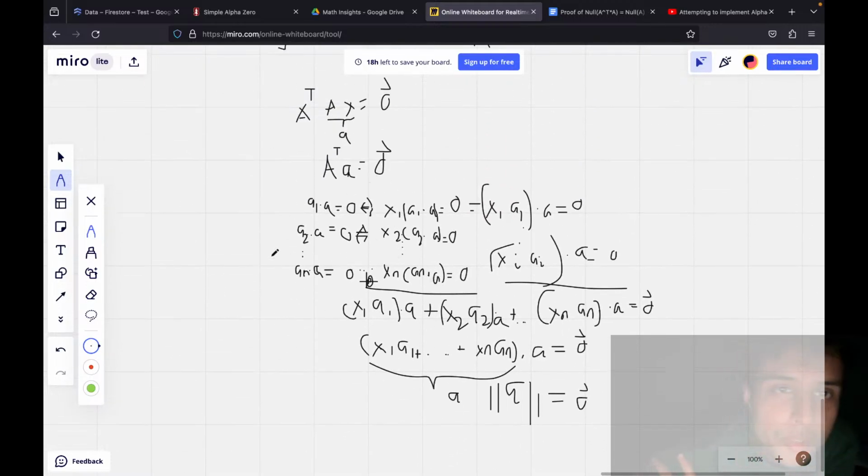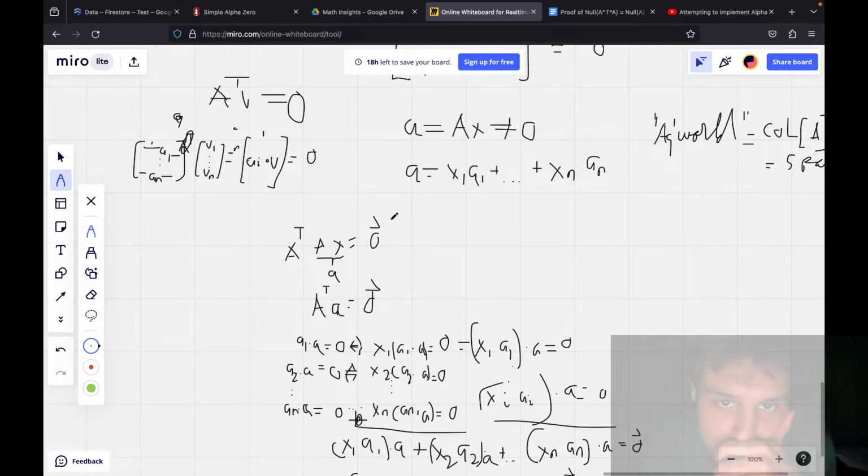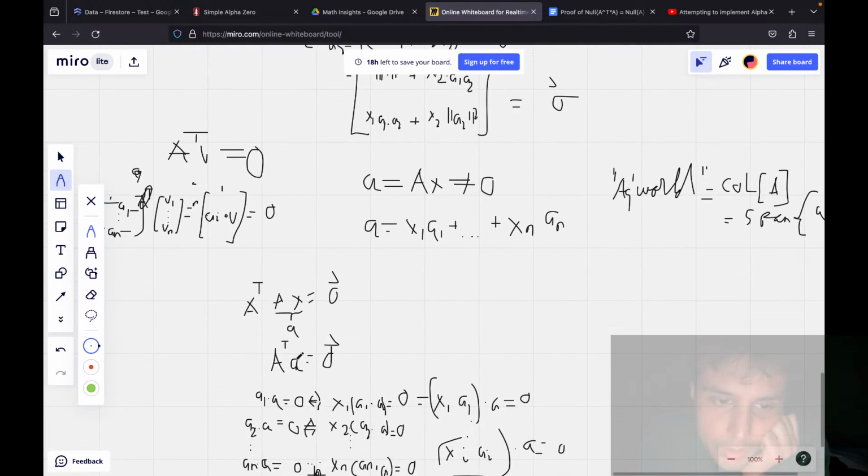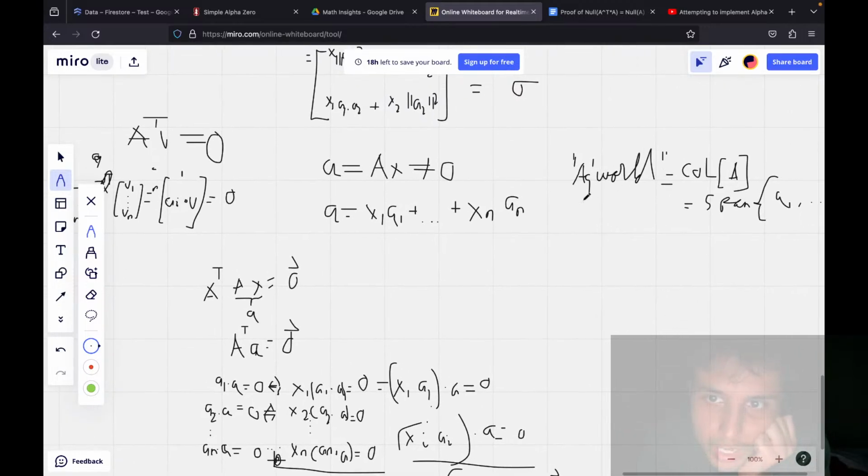Now this might seem a bit magical, but the whole heart of this approach is that this a is in A's world. This a is a linear combination of all these ai. A is a member of A's world. It's some blend of all the ai vectors, right?